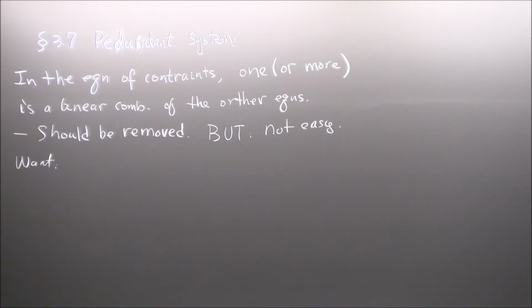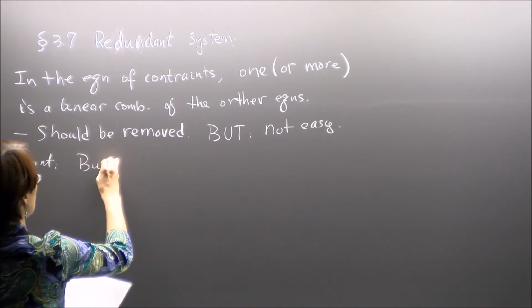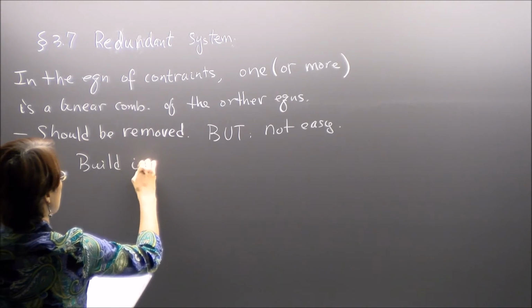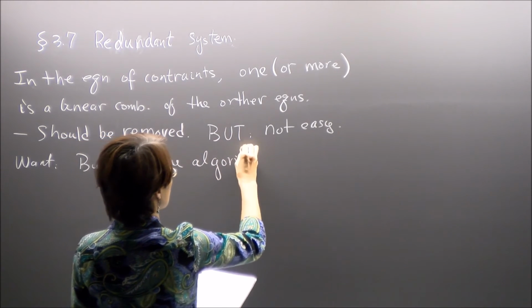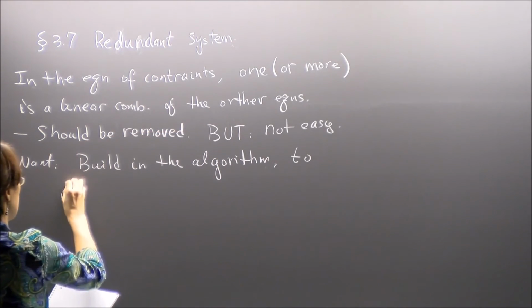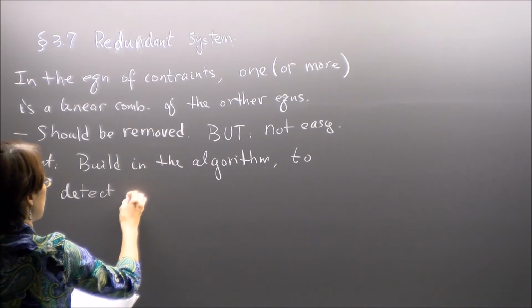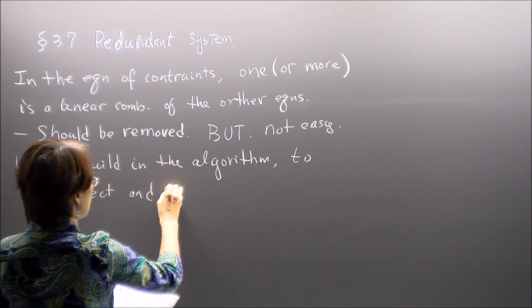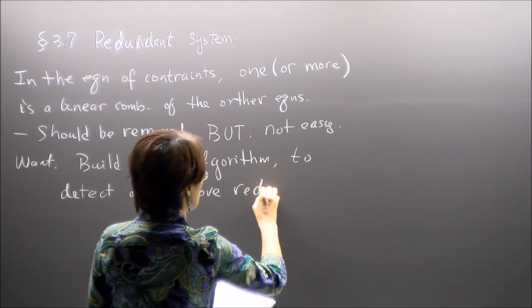Okay, so that's the goal. So we want the following. We want to build this whole thing into the algorithm, so the first thing is to detect and then further on remove the redundancy.